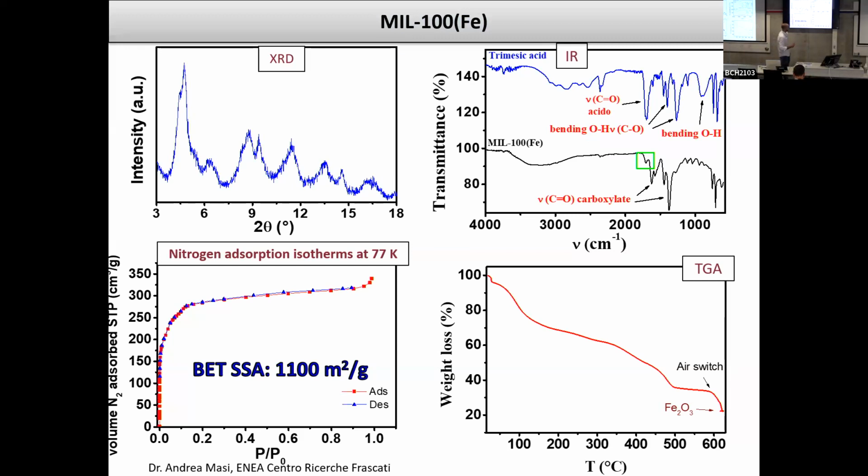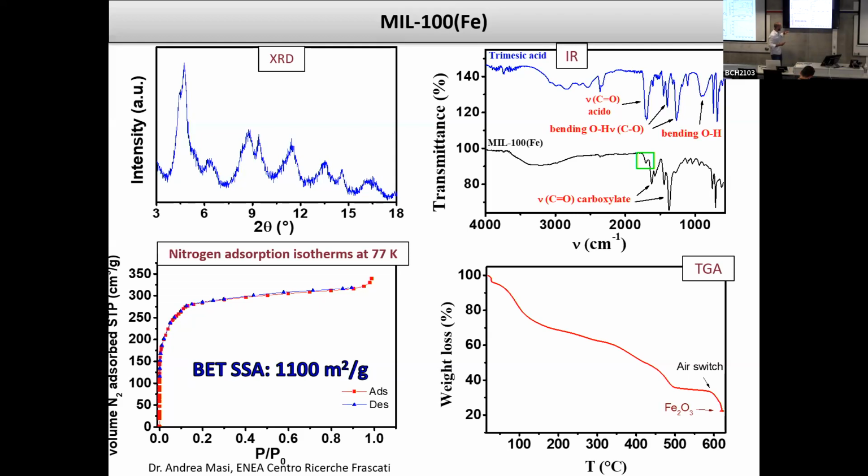IR analysis also confirmed the nature of the material, and the thermogravimetric analysis gave us information about the composition of the system, showing the organic and metallic parts that are included in it.